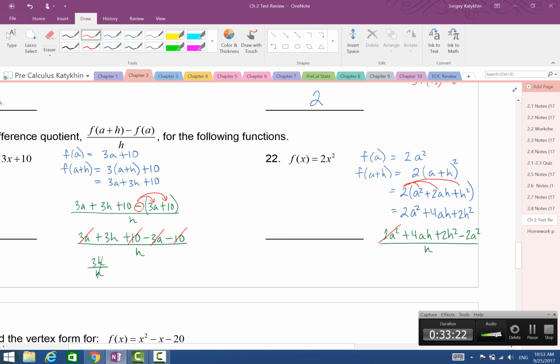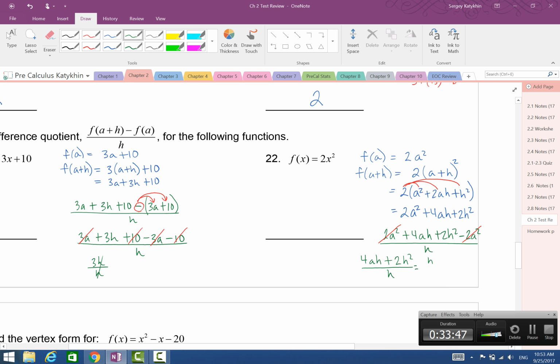The only thing that cancels is the first term and the last term, which will leave us with 4ah plus 2h squared divided by h. Some people were making this mistake on the quiz. They were just canceling one of the h's. Remember, you have to factor out an h first.